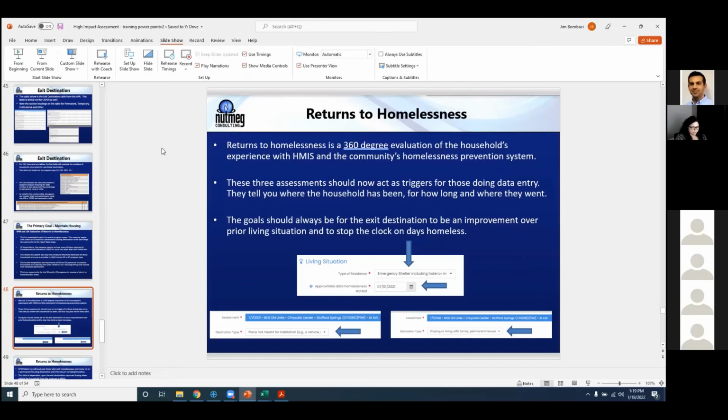It's not going to happen often. I'm not saying this happens 50% of the time, but it is important to recognize when it happens, because it does come back around to the HUD reports, and HUD is going to measure your community on its ability to keep people in housed environments and to keep people from returning to homelessness.